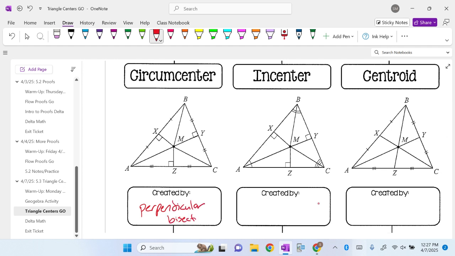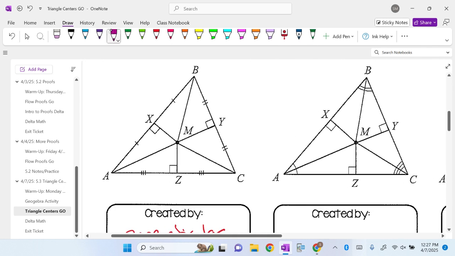Now, what do we know of when we hear the word bisectors? What's important about perpendicular bisectors? They cut through a line or a side evenly. So if we look here, these three lines right here are my perpendicular bisectors. They form at 90-degree angles.